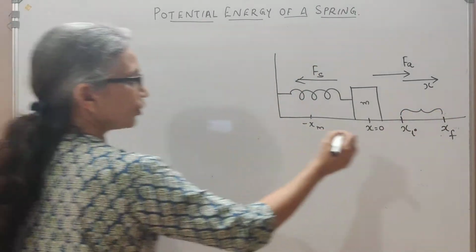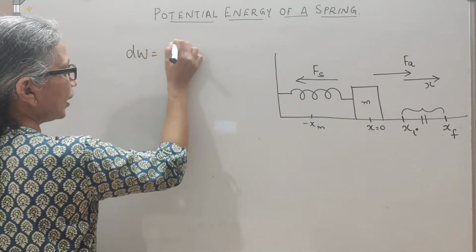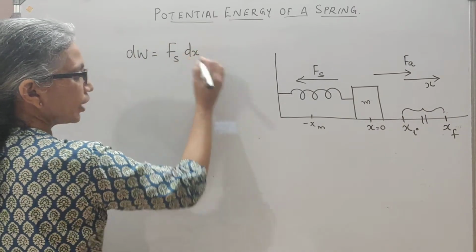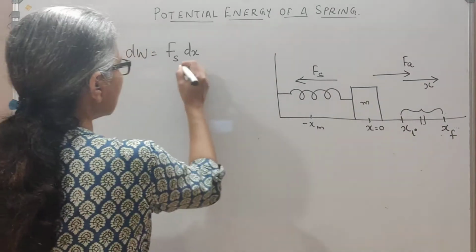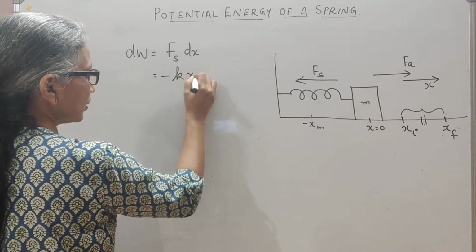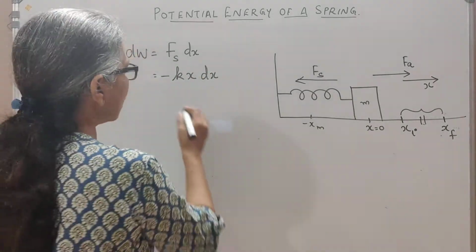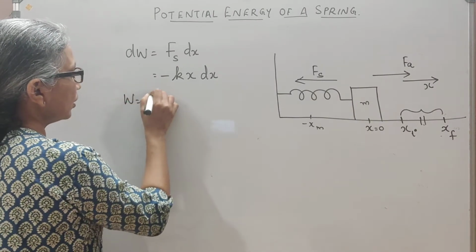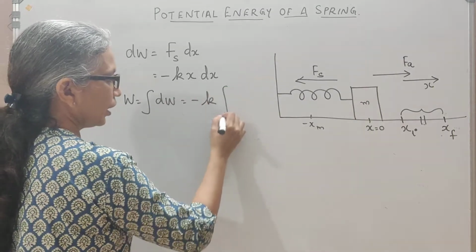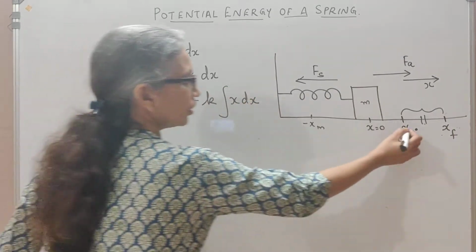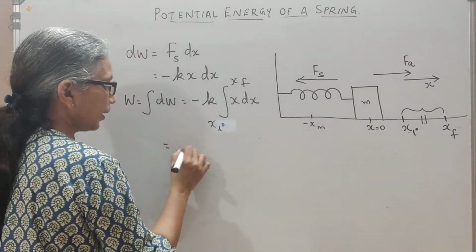For that, I will first divide it into small intervals and find the work done in that small interval as Fs into dx, because in this small interval the force can be taken to be a constant. So this is minus kx into dx, because Fs, we know, is minus kx, Hooke's law. To find the total work done, I will integrate dW, that is, I'll take minus k outside and integrate x dx from the position xi to xf. This is minus k.